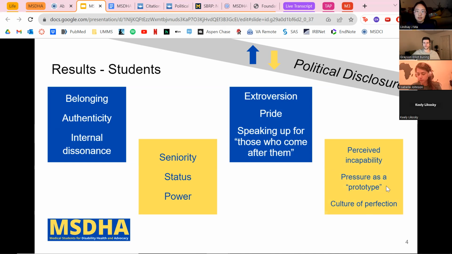This one means that students felt that if they expressed their disability to the admins and asked for accommodations and those didn't work out smoothly, it might deter administration from helping in those ways in the future, seeing it as, okay, those won't work and therefore we won't try those in the future. Being a prototype and it not working was a concern for some students. Also, the culture of perfection that's seen pervasively through medicine can make political disclosure much more challenging.